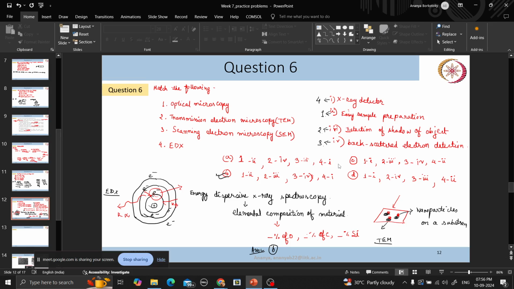Suppose in many cases our sensing element will be like a nanorod structure, nanowire structure. To determine those, we go for electron microscopy, and whether you are getting the correct material or not, that elemental composition we can do using EDX. So this is briefly about these characterization techniques. I hope these are clear.